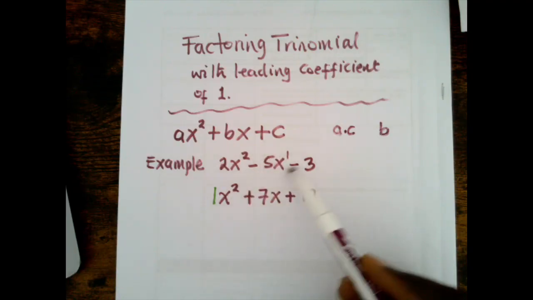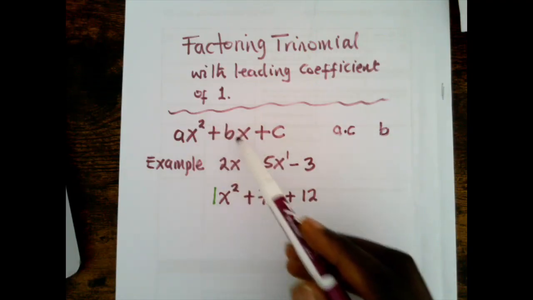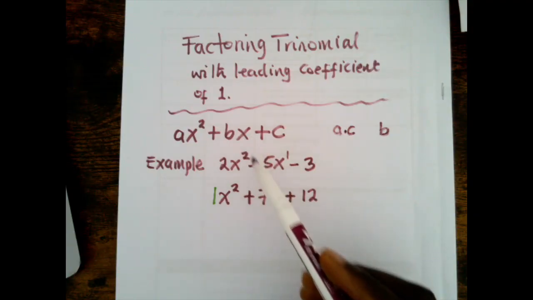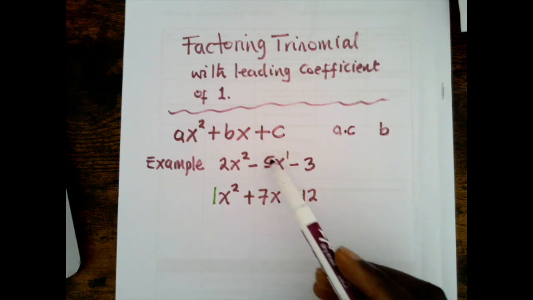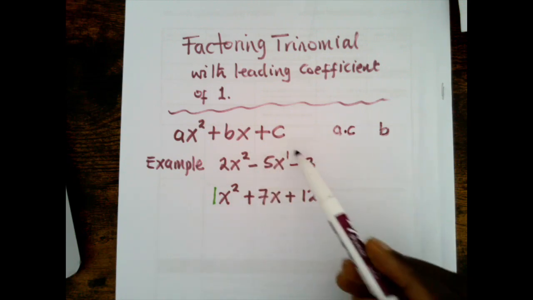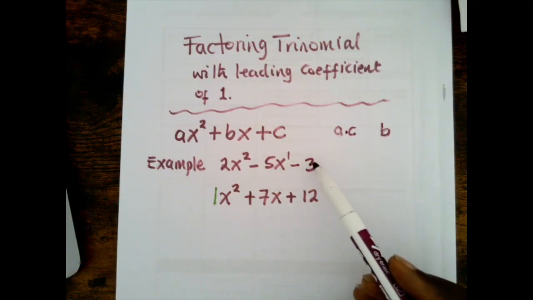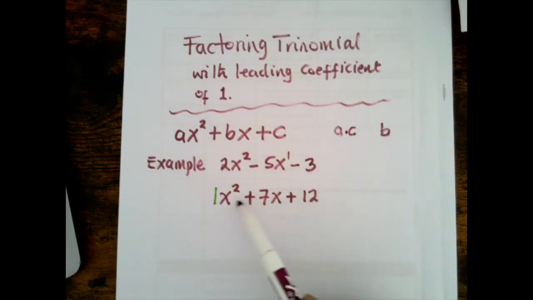The b value is going to be negative 5, because negative 5 is multiplying the x. And c in this example will be negative 3. The c is the constant. In this example, a is 1, b is 7, and c is 12.